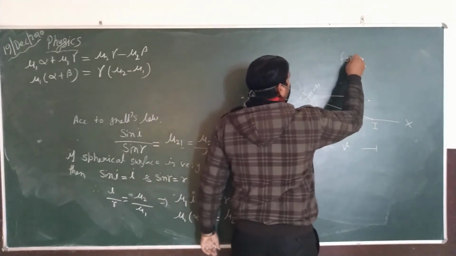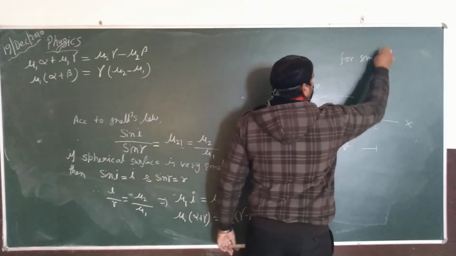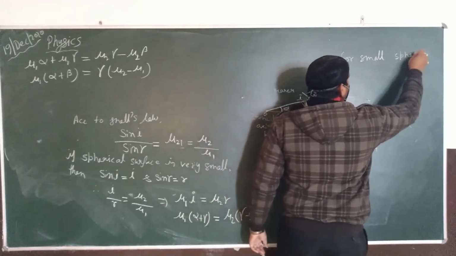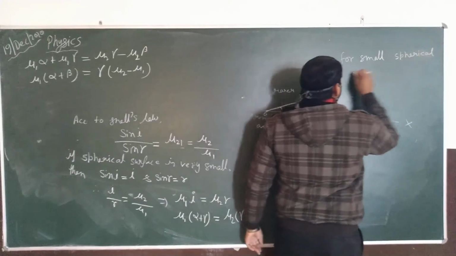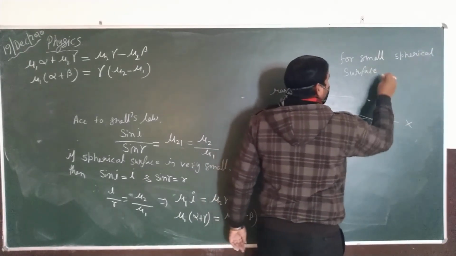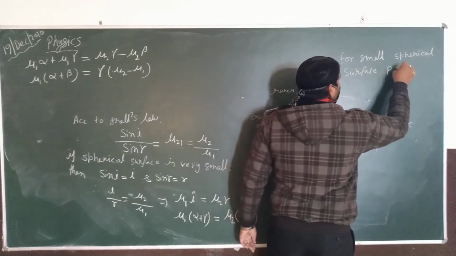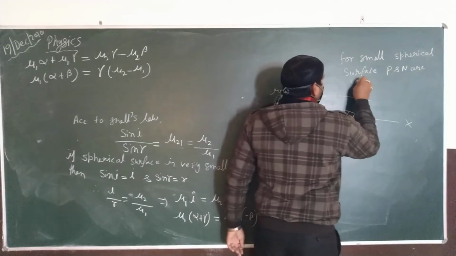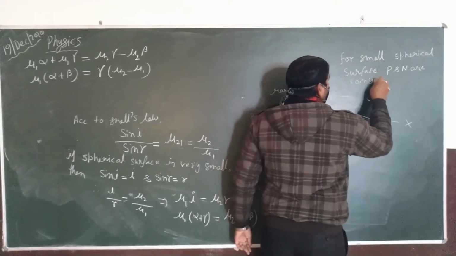that if the aperture of the spherical surface is small, then for a small spherical surface, P and N coincide.